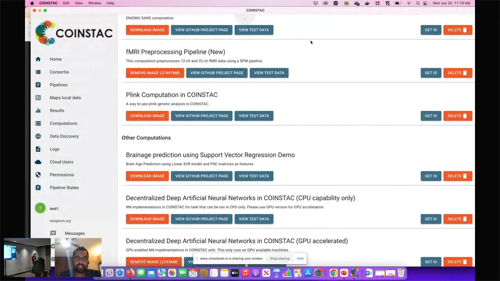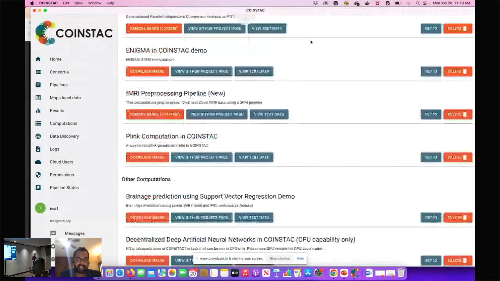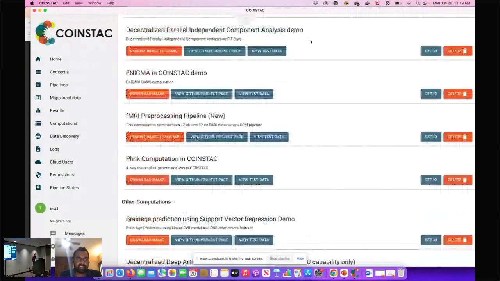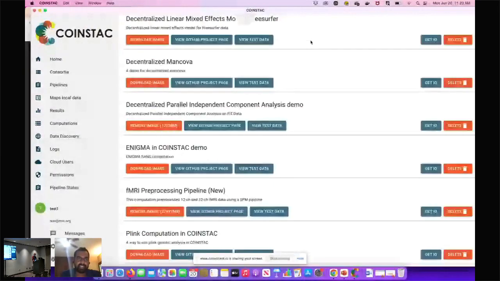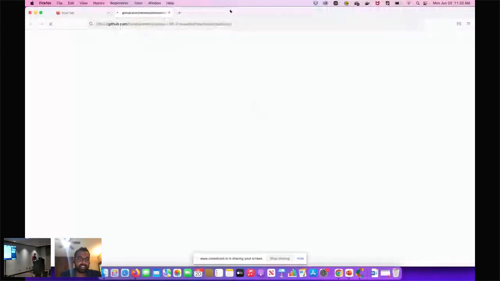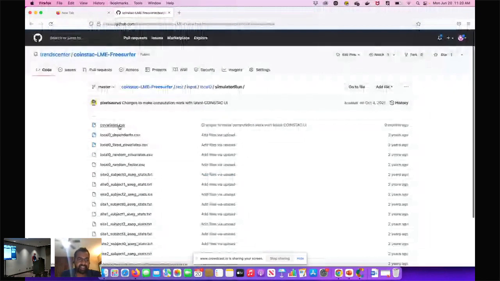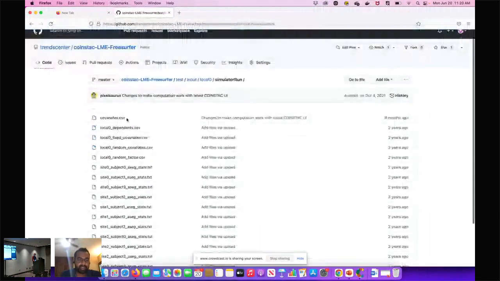Okay, great. So for each of these computations, we have a test data set that works with this computation. For example, I can say view test data for this, and the data is organized as, in this case, a CSV file along with all the volumetric measurements from FreeSurfer software.